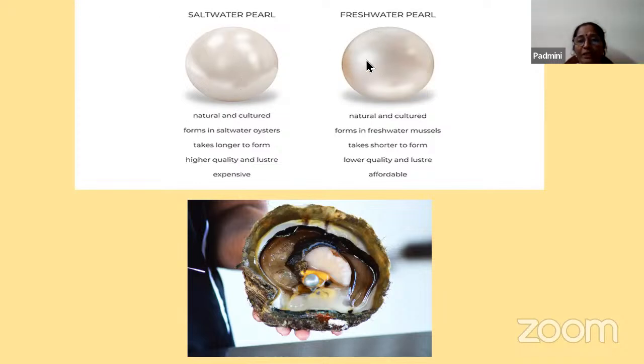Freshwater pearls are sometimes natural and sometimes cultured, and they take much less time. 15 months is enough for them to culture, whereas for saltwater pearl culture you need at least 3 to 4 years minimum. But when you get the result, you are going to earn a good amount, some in dollars. And this is how you check the pearl that has been formed.